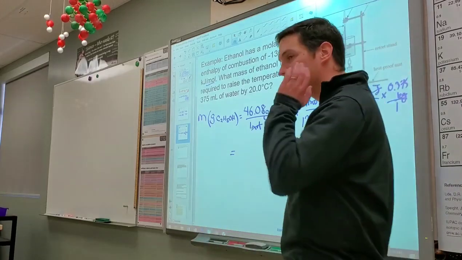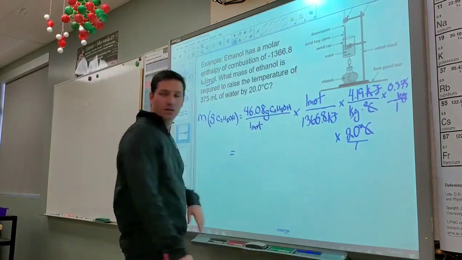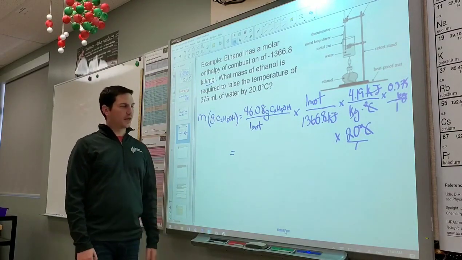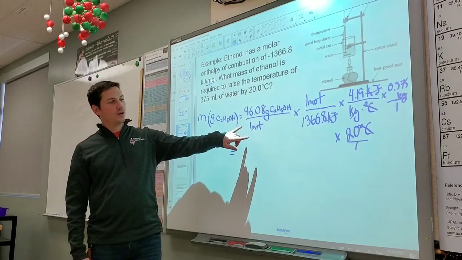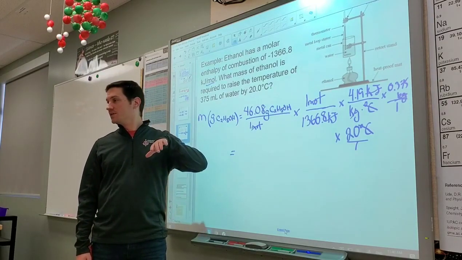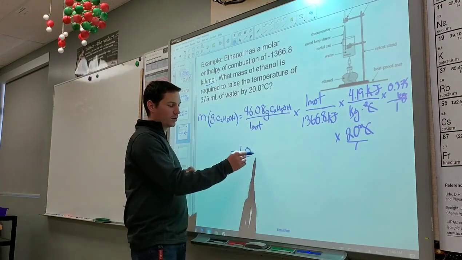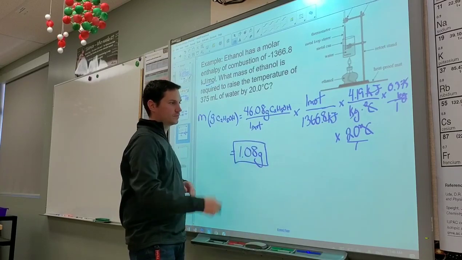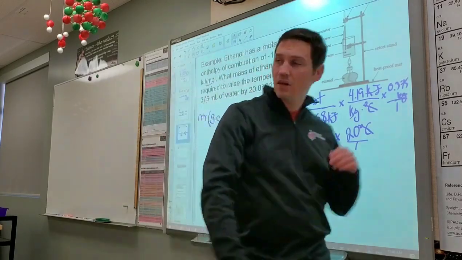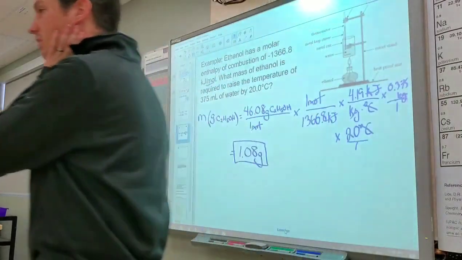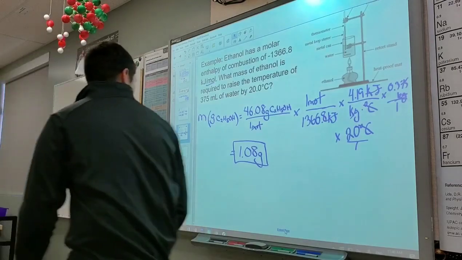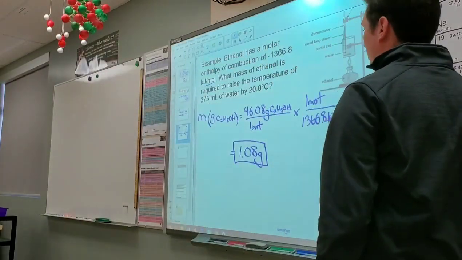Kelton, did you calculate it? I got 0.094. 0.0194. No, 0.094. Okay. I got 1.076. That sounds a lot closer. That sounds a lot better. Alicia, you did 46.8?